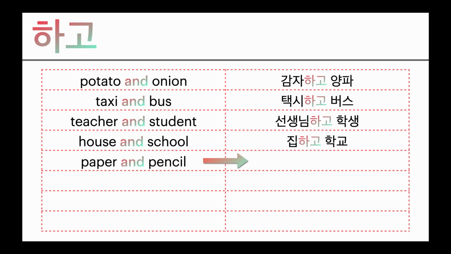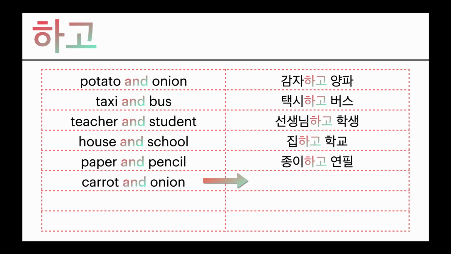Paper and pencil. 종이하고 연필. Carrot and onion. 당근하고 양파.